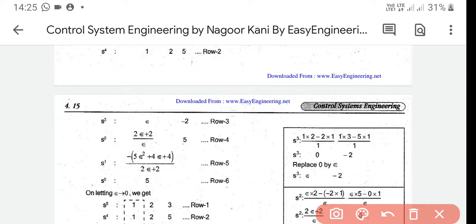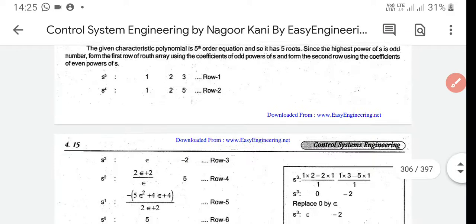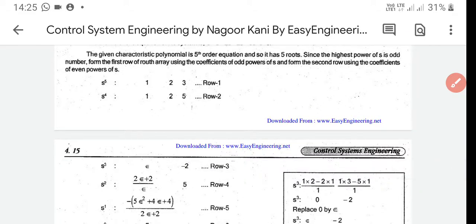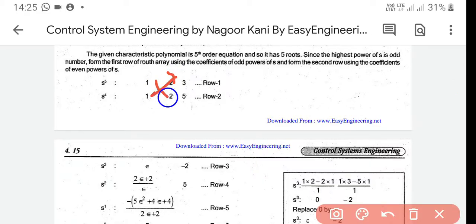So how are you framing the s^3 coefficients? Based upon the s^4 and s^5 rows, the elements are fabricated like this: 1 into 2 minus 2 into 1, divided by the s^4 coefficient, which is 1. So you will get the value as 0.